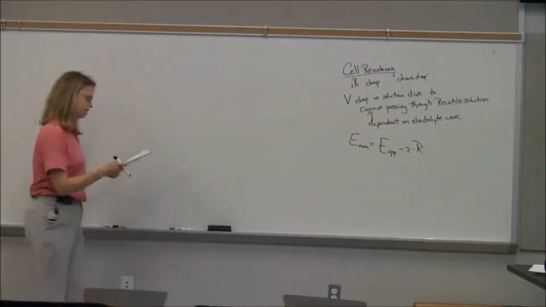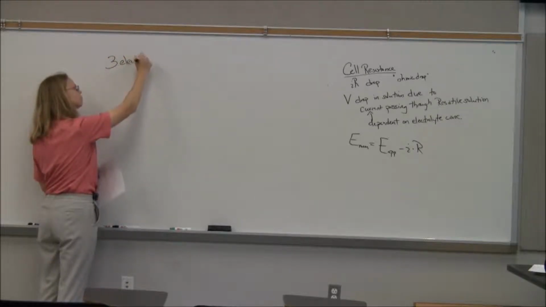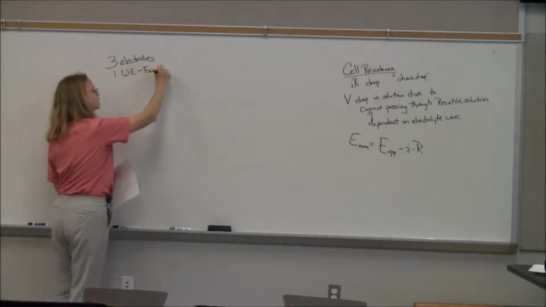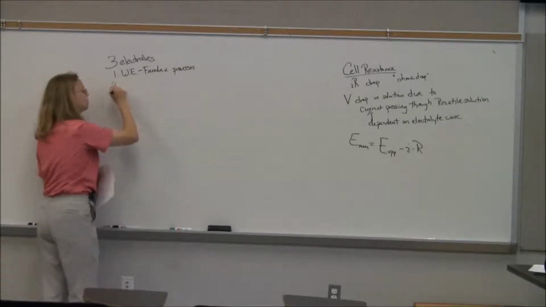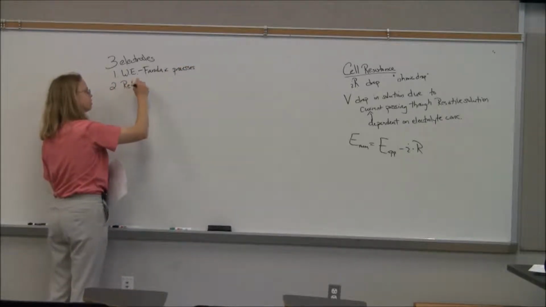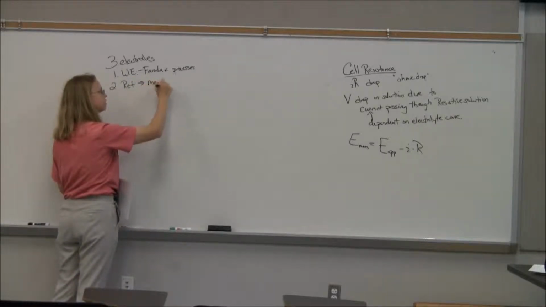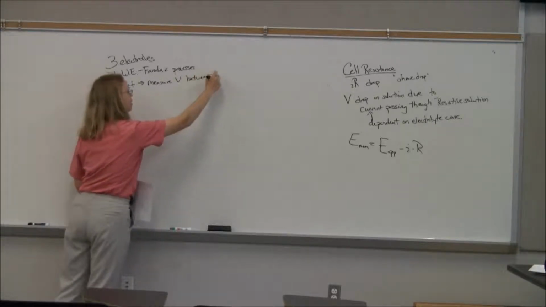by using 3 electrodes. So we've already talked about the working electrode, right? That's where a Faradaic process takes place. We've talked about the reference electrode, and the purpose of the reference electrode is to measure voltage between this and the working electrode.